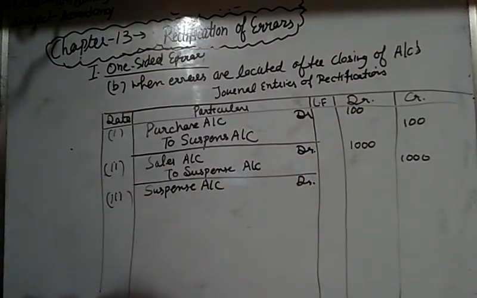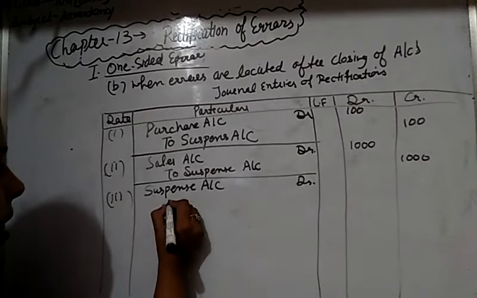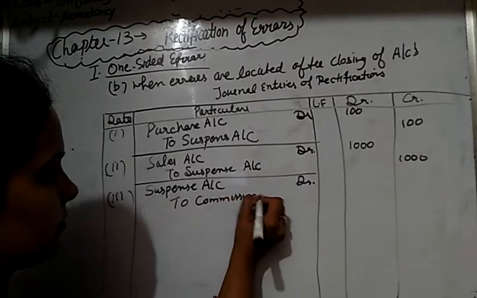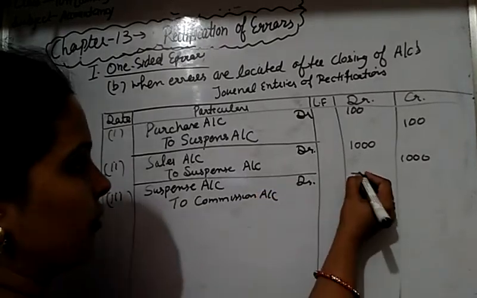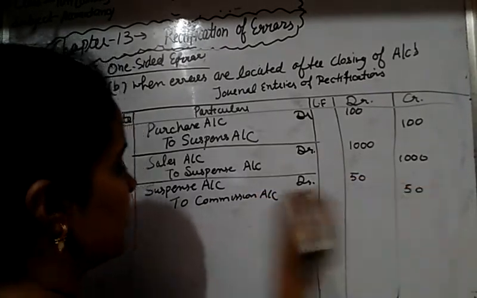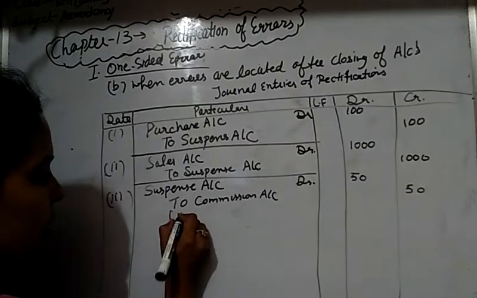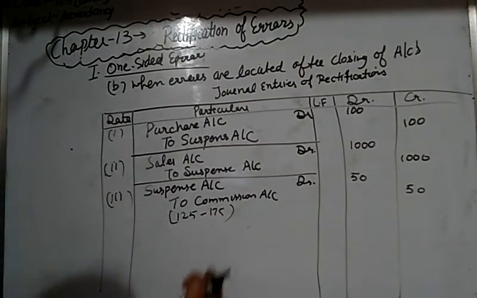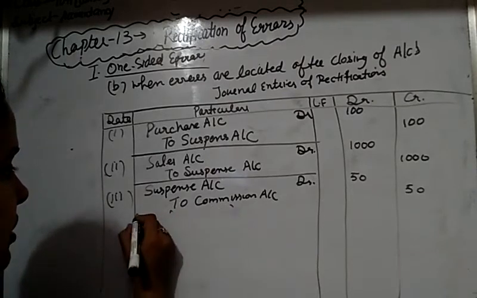Commission is an expense, it's debited, but we have to decrease the balance, so we credit it. Suspense account debit to commission account, amount is 50 because instead of posting 125, amount is posted 175. So the difference of 50 is credited to commission account.